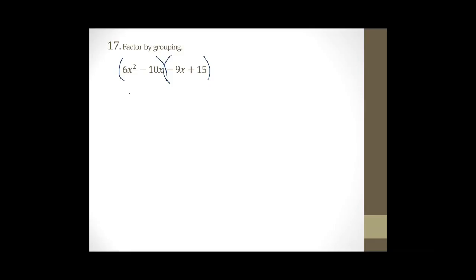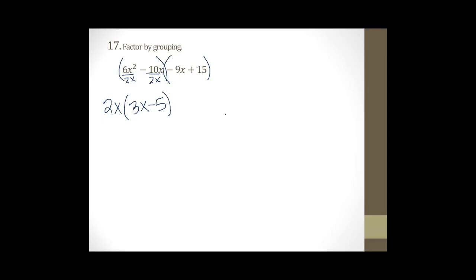So between 6x squared and negative 10x, the greatest common factor would be 2x. So we factor that out. We would have 3x minus 5.